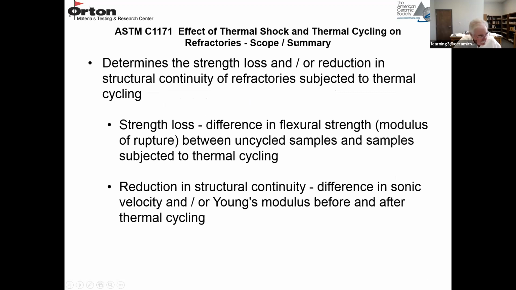And I think, well, we still have a half hour before break, but we'll go over this test here. It's ASTM C1171. It's really the only thermal shock test that is offered by ASTM.